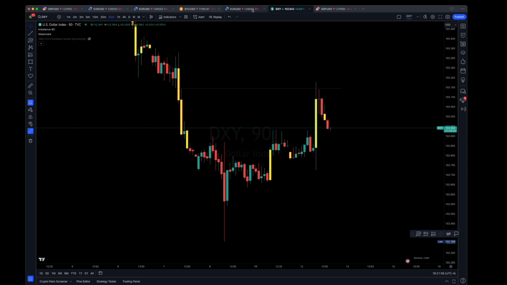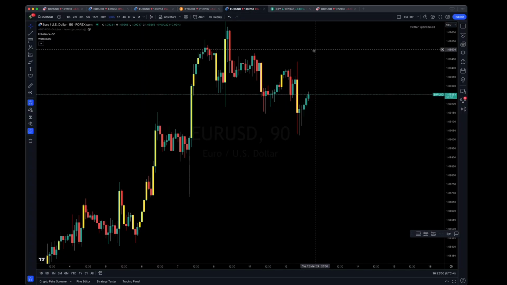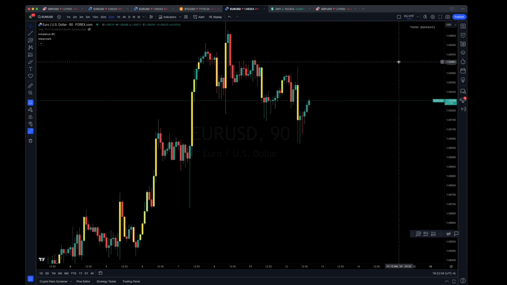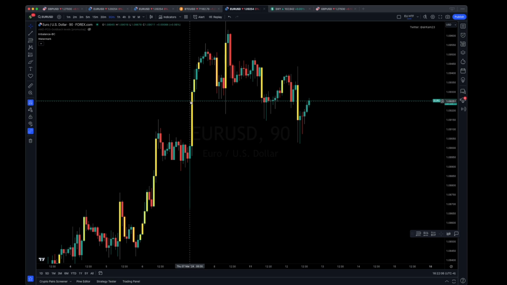If we have a look at EU for today on the 90-minute time frame, we have something similar. This is the fair value gap that it decided to fill, even though it was already partially filled. Now, what time was the low, which was created by CPI?